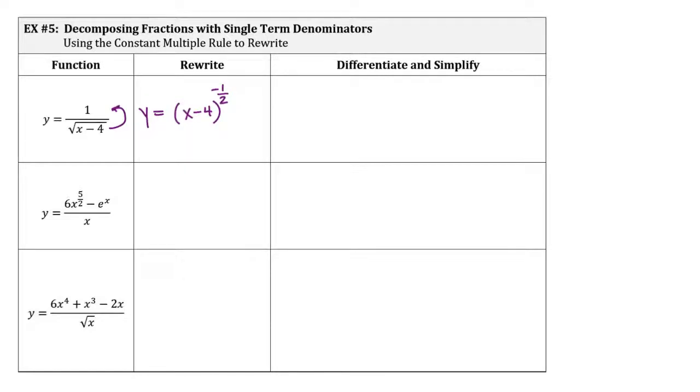And that's going to help us because whenever we come over here to do all of that differentiation, we're going to say y prime equals negative 1/2 times x minus 4. We're just doing our power rule, subtracting 1, so that's negative 3/2. Of course, we need to multiply by the derivative of the inside, but it's still just a 1 there.